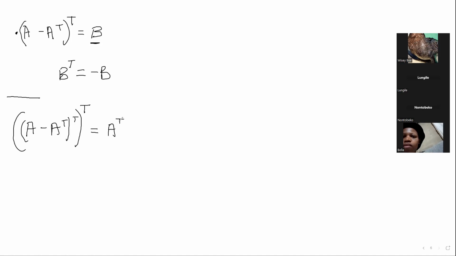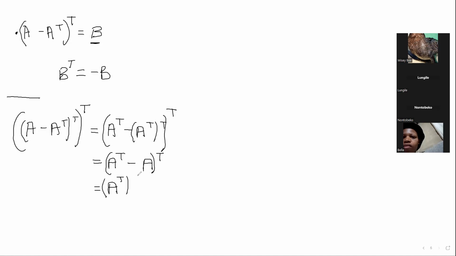It's gonna be AT minus AT all to the power T. Then this will be AT minus A all to the power T. Then I distribute the one outside. It's gonna be A T T minus A T, which is equal to A minus A T.